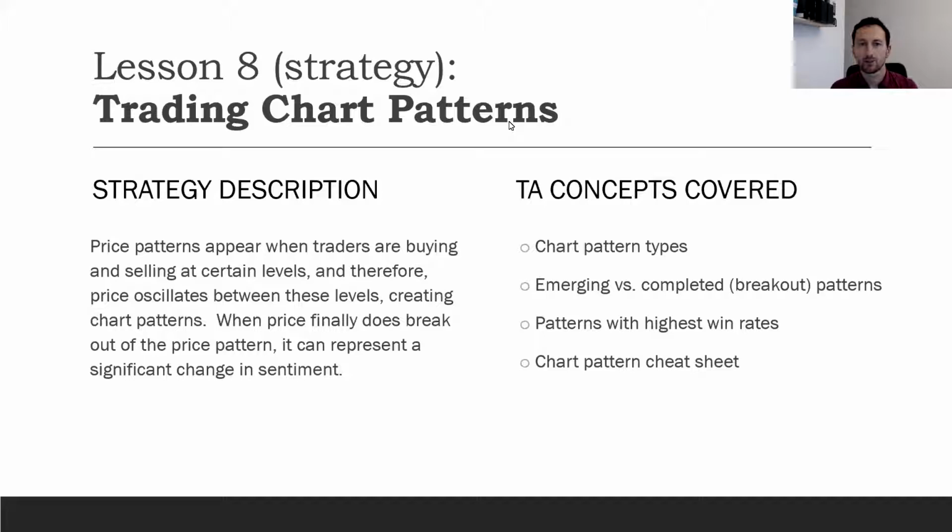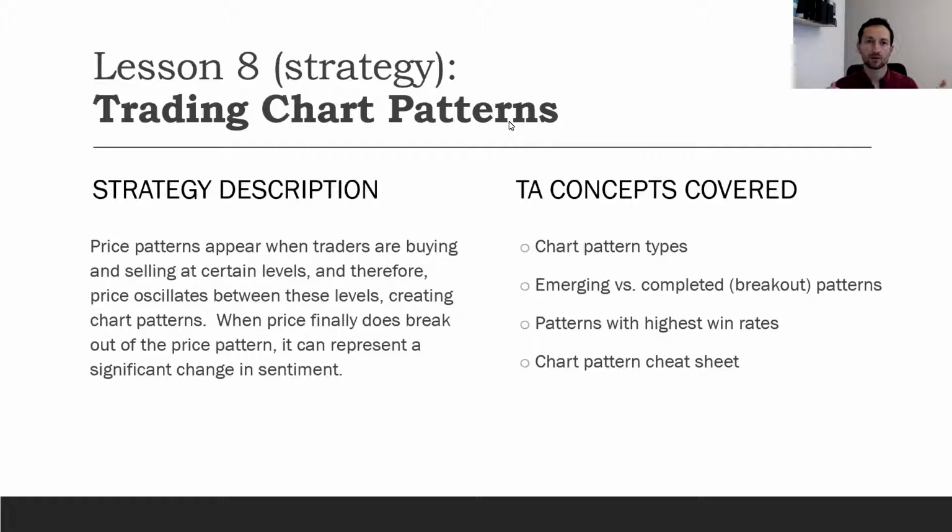So patterns, why do patterns form and why do they work? Again, patterns are just a reflection of what's going on in the marketplace between the demand and supply, or between the buyers and the sellers, and the dynamics between them as they battle and buy at certain levels that appear attractive, and then they sell at certain levels that the greater majority of the traders find expensive.